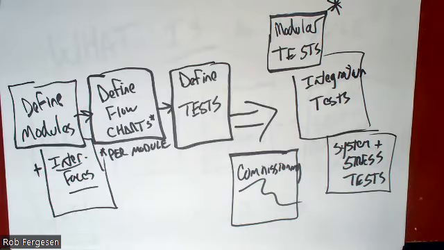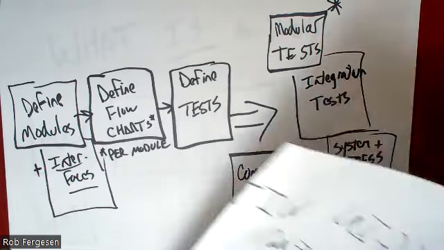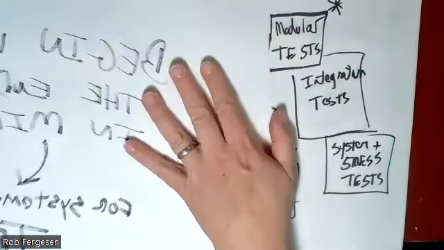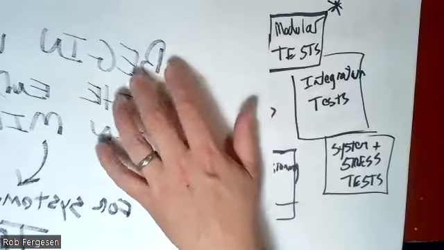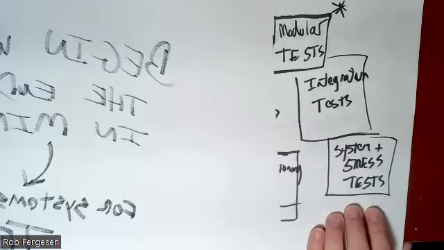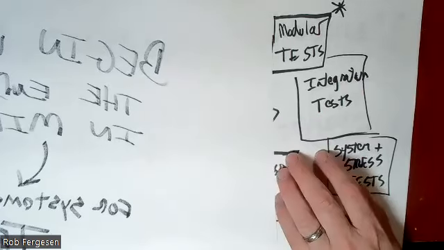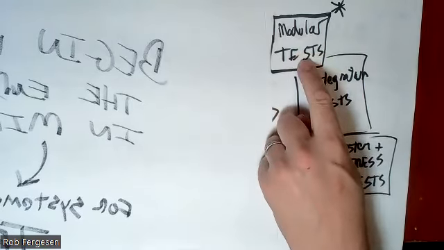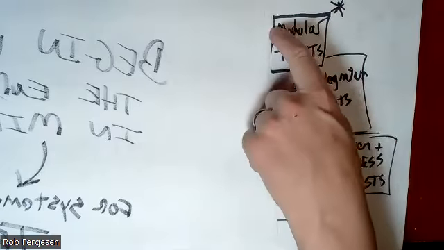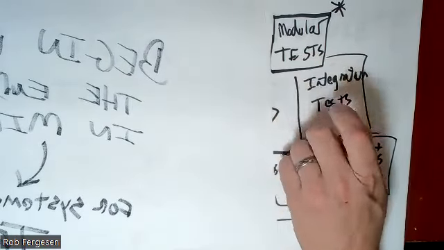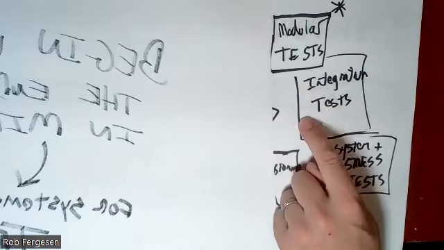So the end we're going to talk about is going to be this end. So I'm going to cover up the rest of this stuff, and we'll have just this end here. And this end is the testing. So you've got modular tests, number one. That means you test each component in the system prior to integrating it. The second step is integration test.